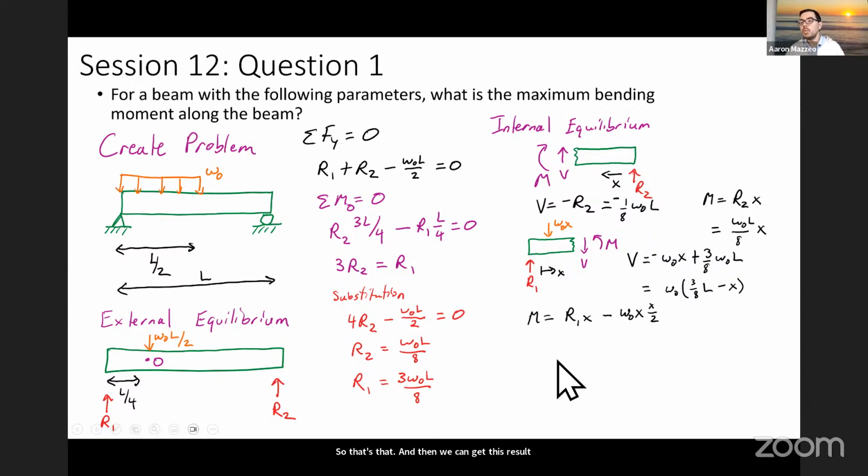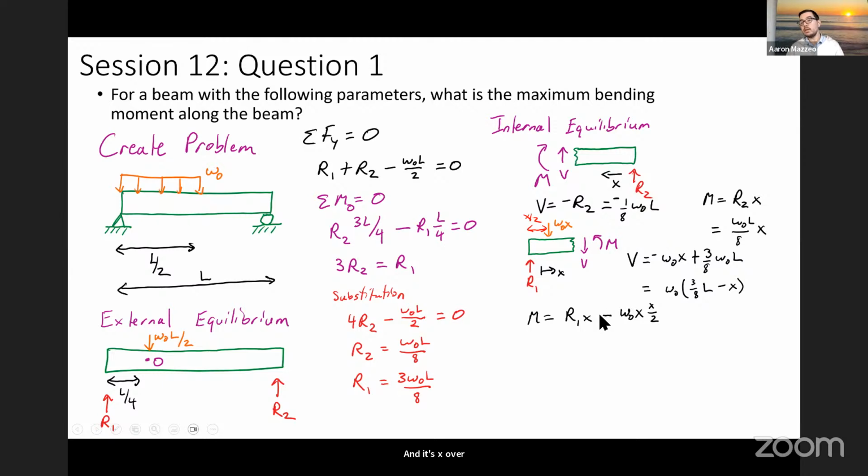For the moment, we have that W naught X is acting at a distance X over 2. We kind of drew it here, and maybe I'll add that this distance here is X over 2, like that. As we said, the quantity of the force is W naught X, and it's X over 2 from where?